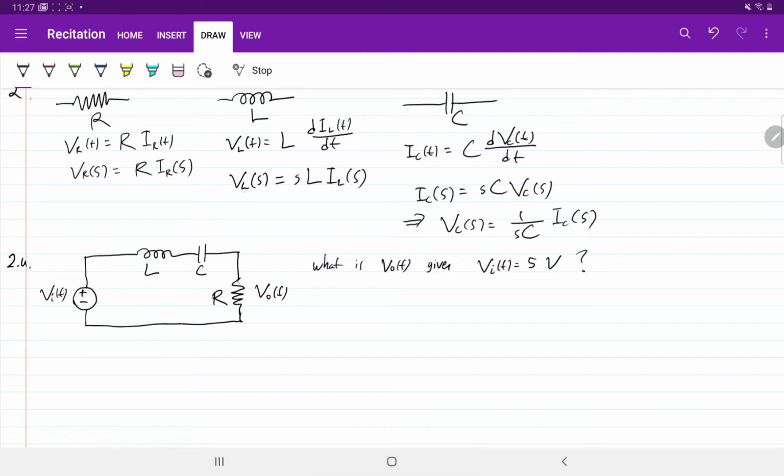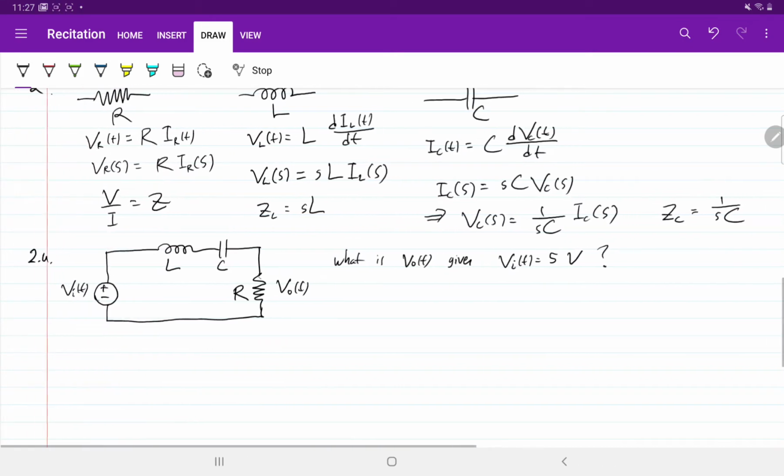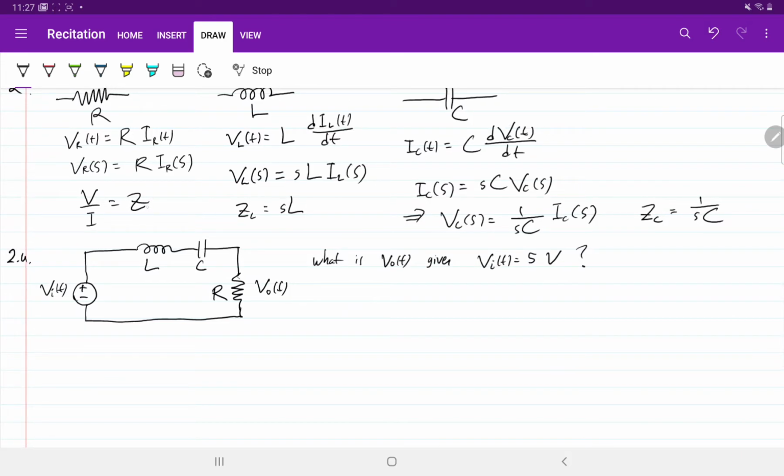Similarly, let's say for general purposes that the relation V over I is the impedance Z. For the inductor, the impedance in the Laplace domain is s times inductance L. Similarly for the capacitor, the impedance is 1 over sC, and the impedance for the resistor is just R.